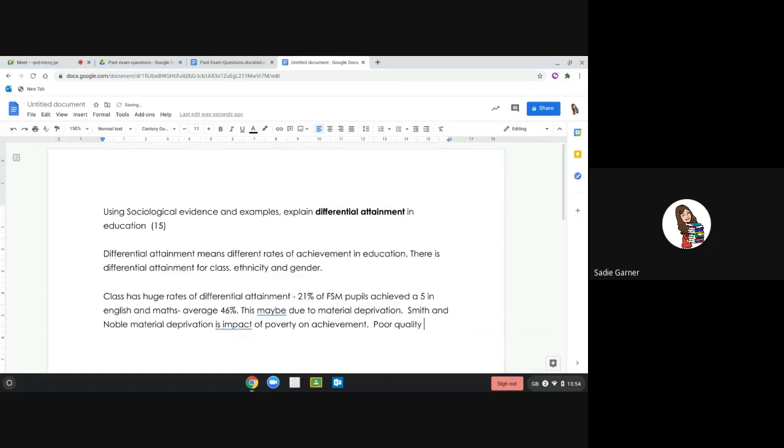Poor quality housing with crowding and damp. Poor diet leading to poor concentration.